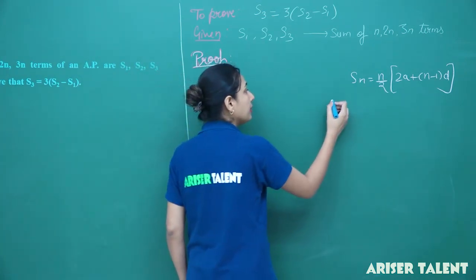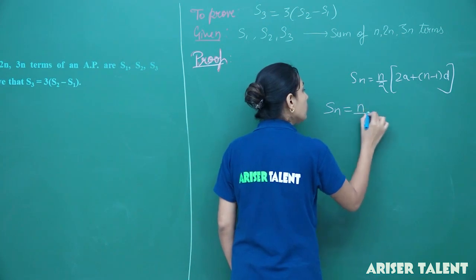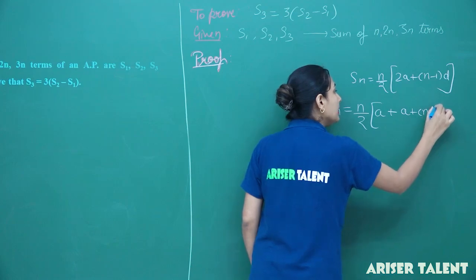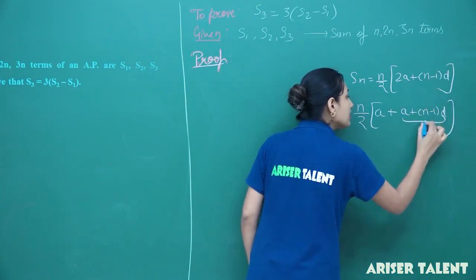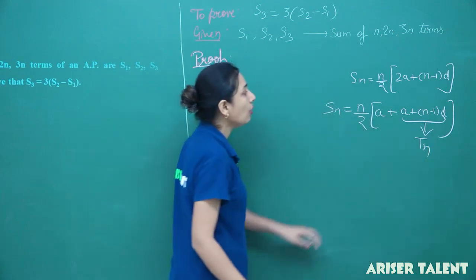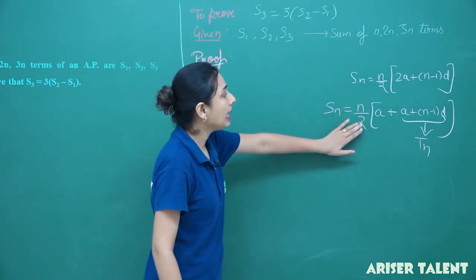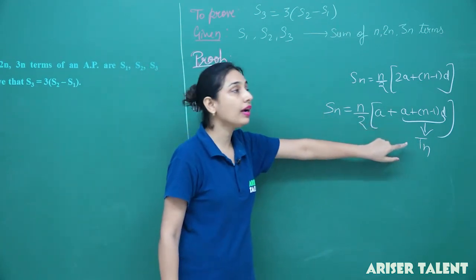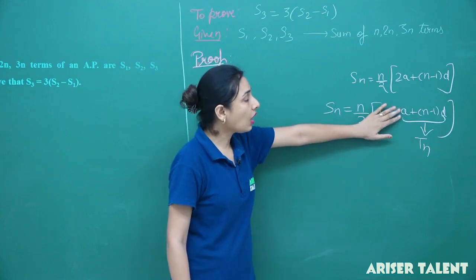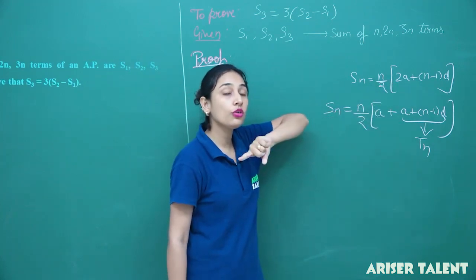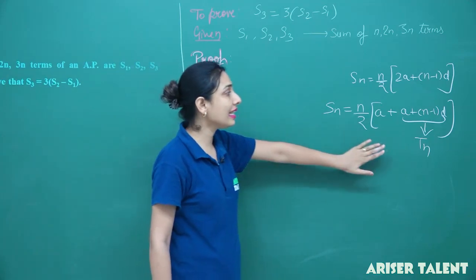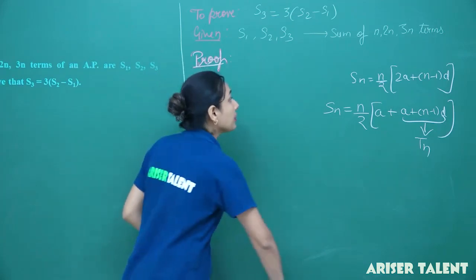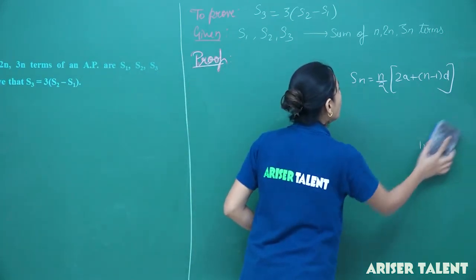That was not different; it was the same formula, and we wrote the last term as Tn. At that time I was provided with Tn, so I wrote Sn equals n by 2 (a plus Tn). Now I am using this formula because I just want to prove this. There is no Tn here, only n, d and a in the proof.